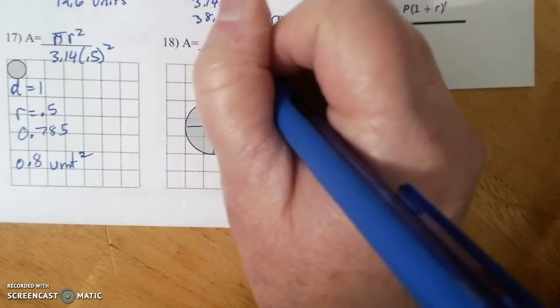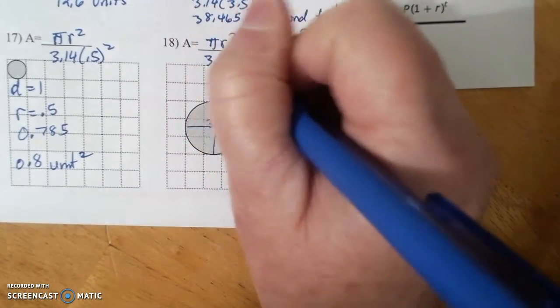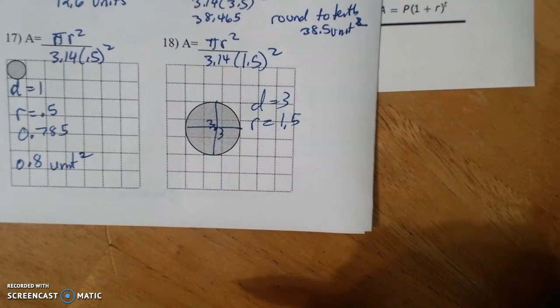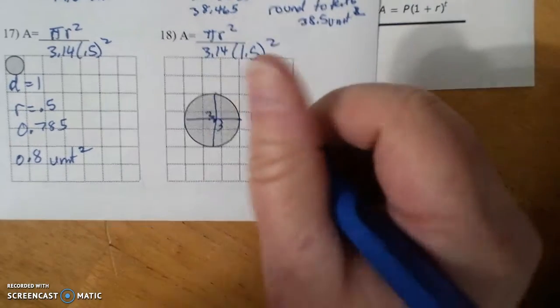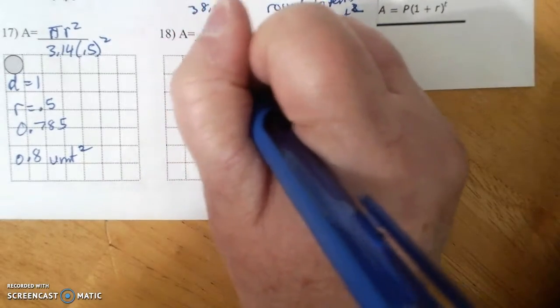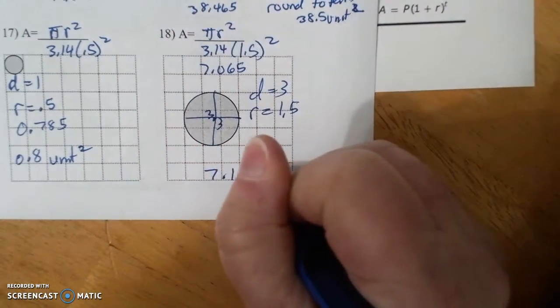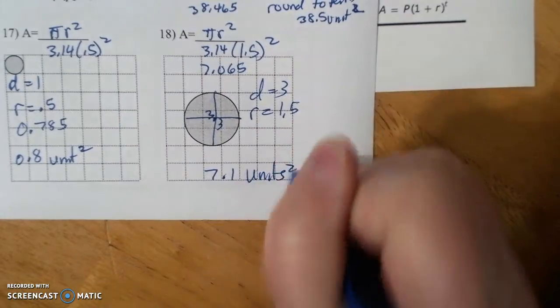Area is pi r squared, 3.14 times 1.5 squared. Square your radius first. Multiply by 3.14. I get 7.065, rounded to the nearest tenth, 7.1 units squared.